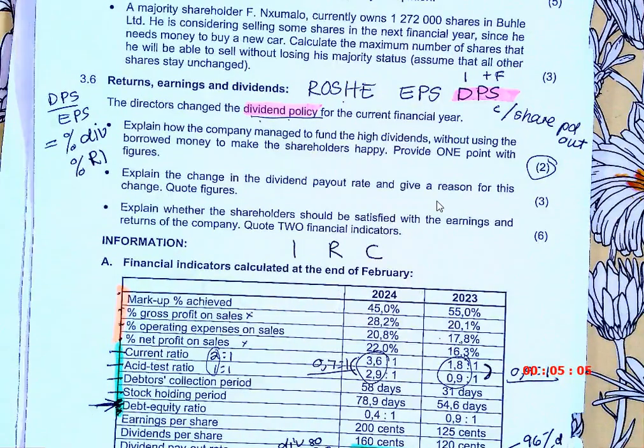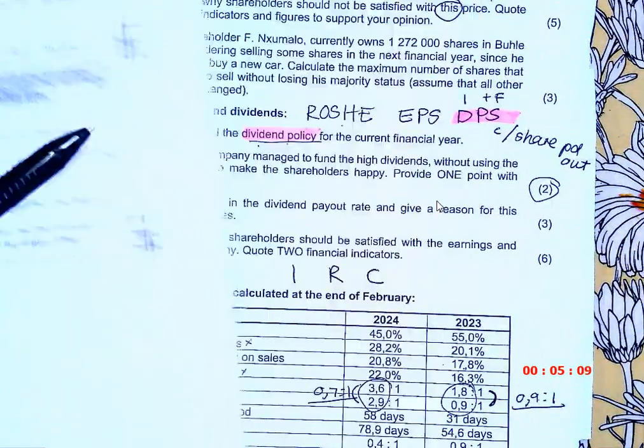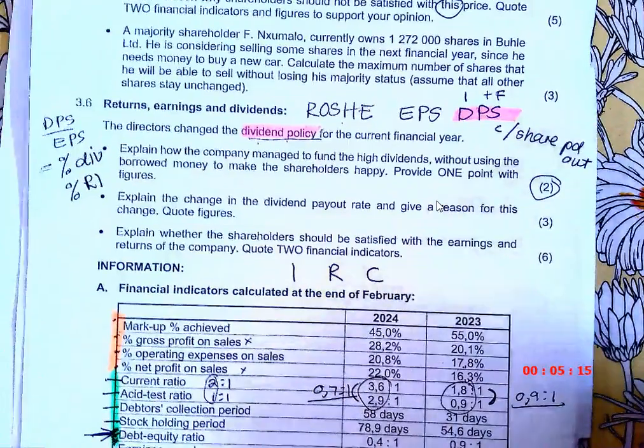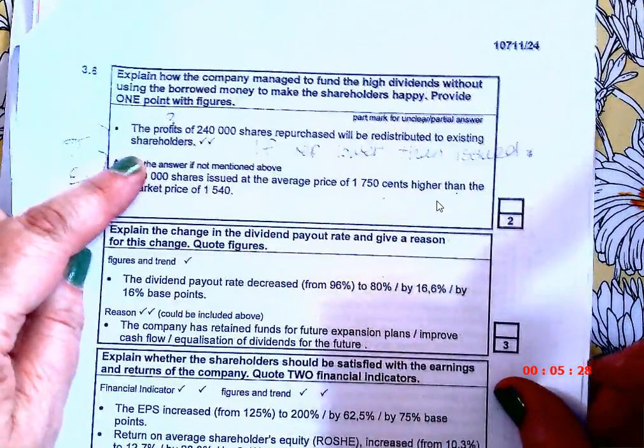Is it on my answer plate? Oh, here it is. No, that's not 3.5, 3.6. Ooh, now everybody in the country can see how sloppy I am. Oh, explain how they managed it. So there it is.